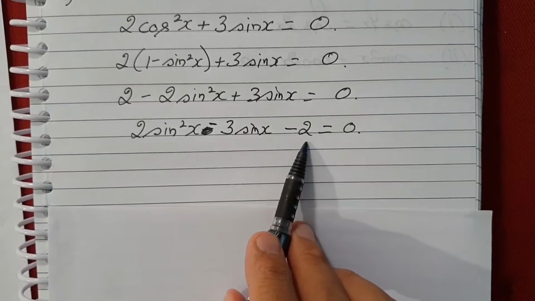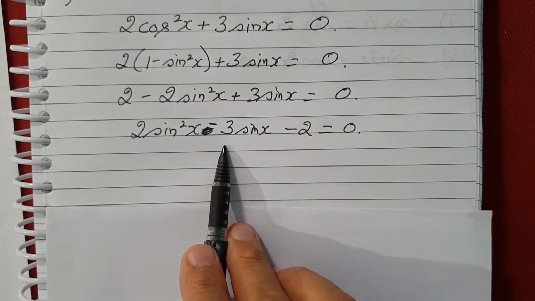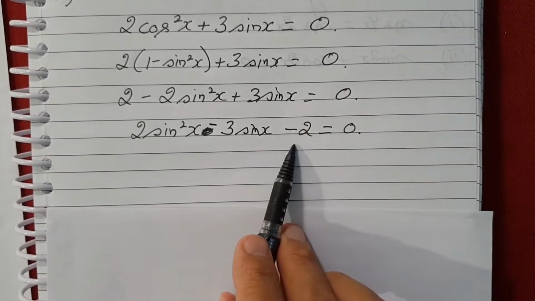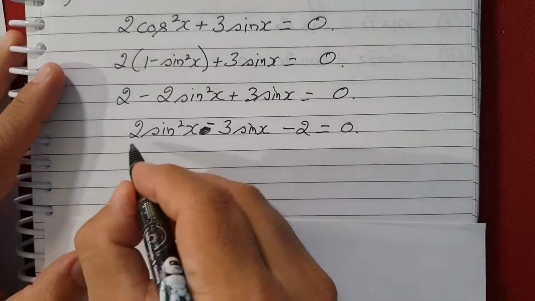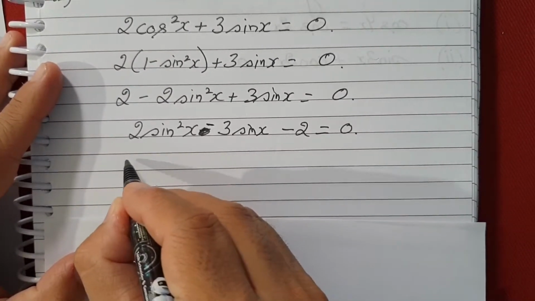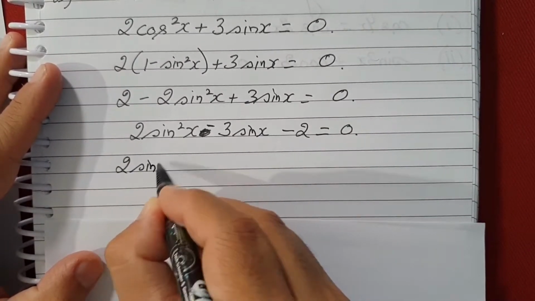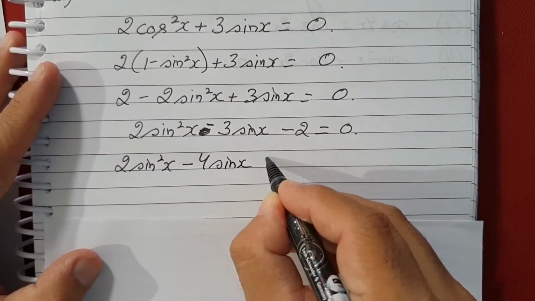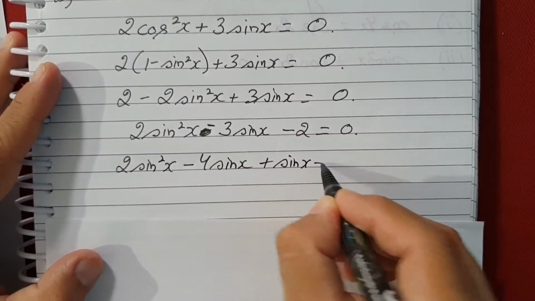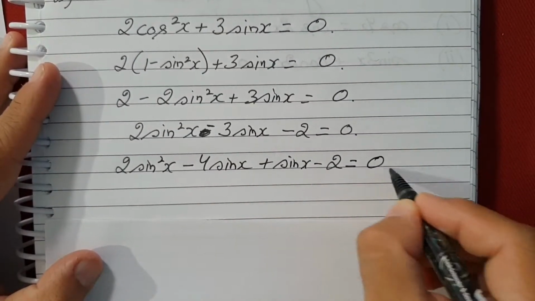See, 2 into minus 2 is minus 4 and this is minus 3. So product should be minus 4, sum should be minus 3. So the numbers are minus 4 and plus 1. So this will be 2 sin square x minus 4 sin x plus sin x minus 2 equals 0.